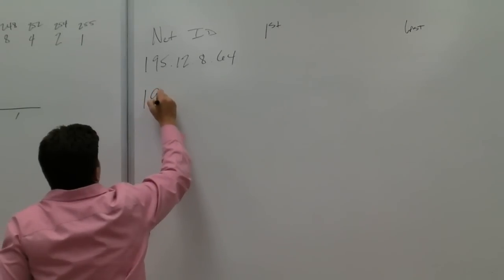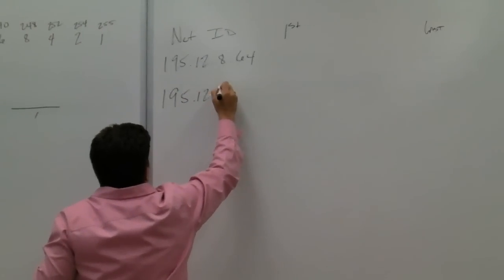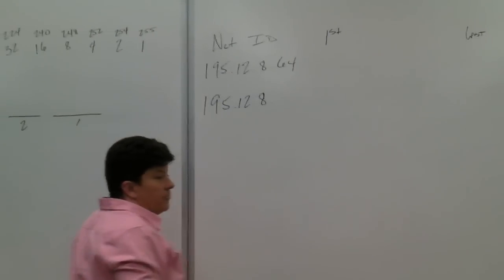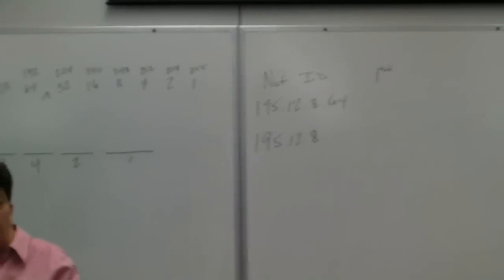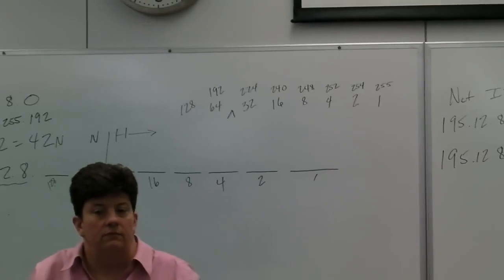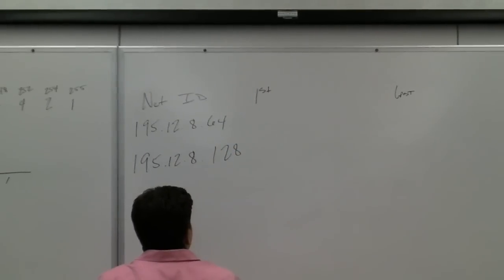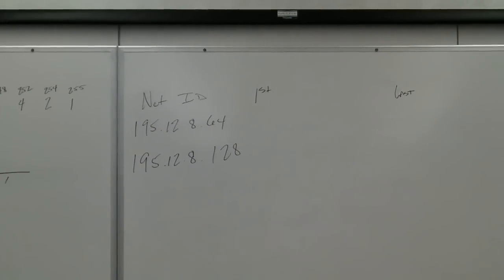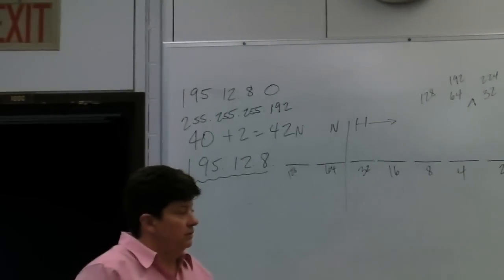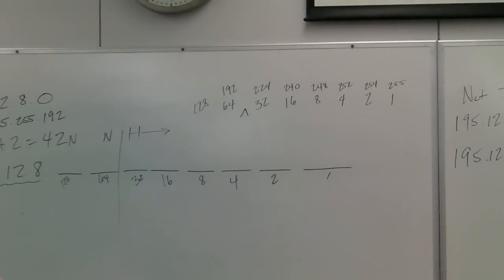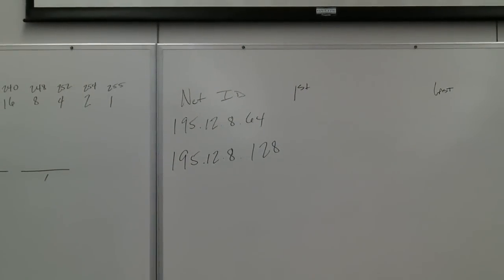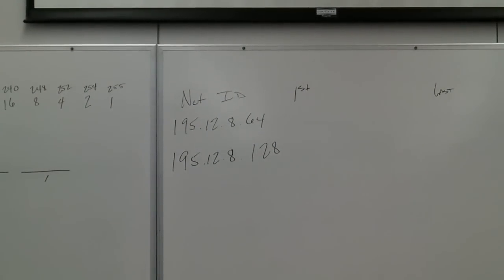What's my next one? What's 64 and 64? 128. What's my next one? 128 plus 64 is 192. Am I allowed to use that? Because it matches your subnet mask?